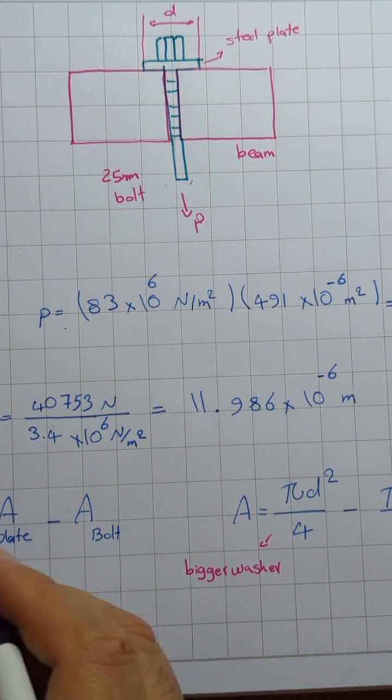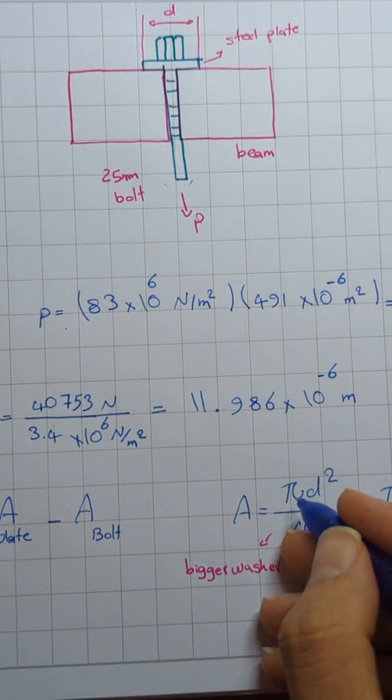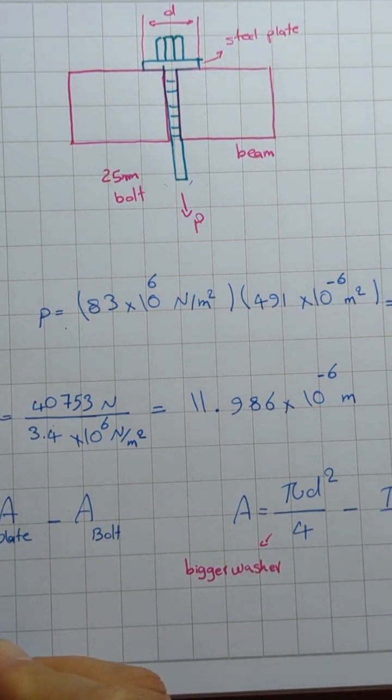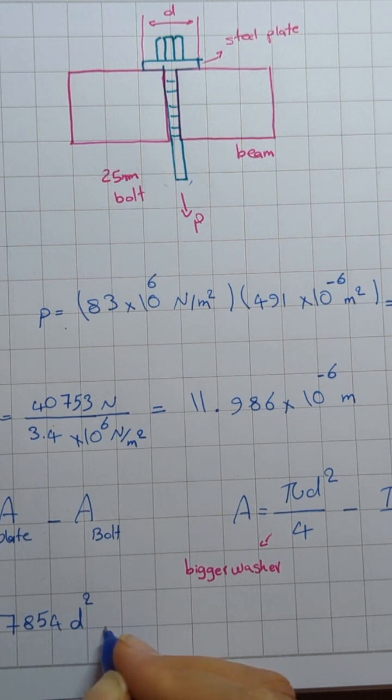So how much was our A? A was 11,986 equals pi divided by 4, which is 0.7854, times D squared. We don't have the D. This is the D that we want, right?